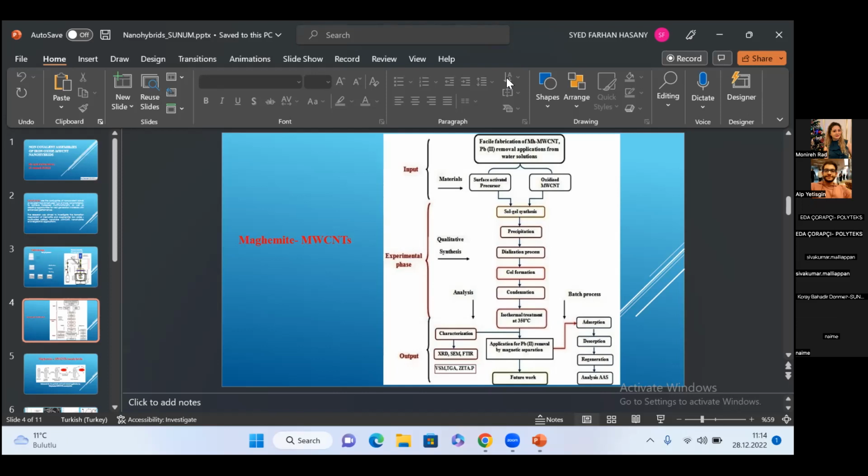Or if we heat it below 200 degrees Celsius, they will remain as magnetite. Magnetite is a very unstable form of iron oxide, whereas maghemite behaves as a stable iron oxide polymorph with superparamagnetic behaviors. So we can control the temperature to produce different polymorphs of iron oxide here.